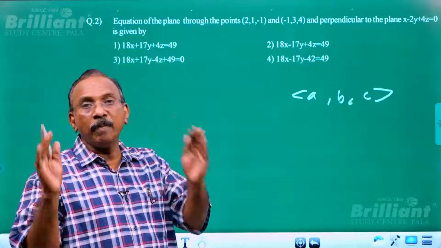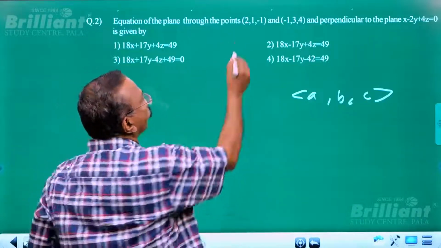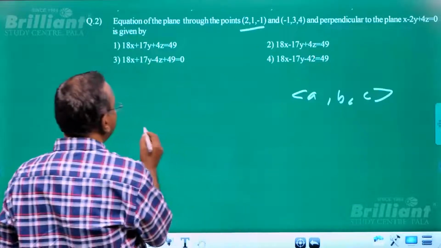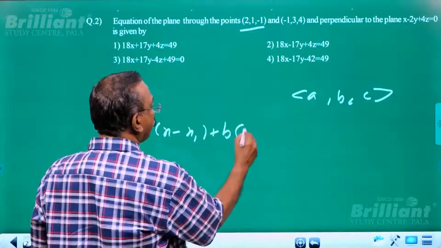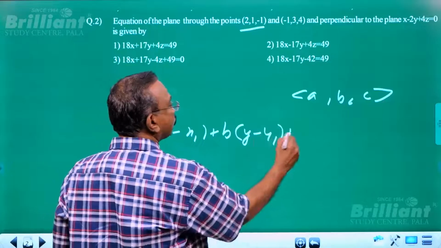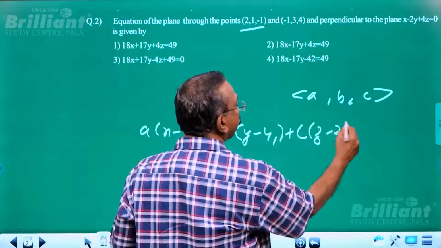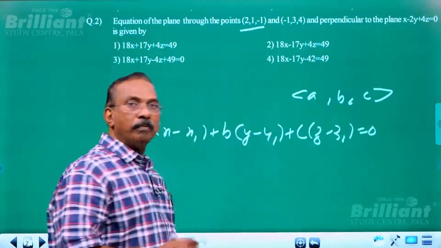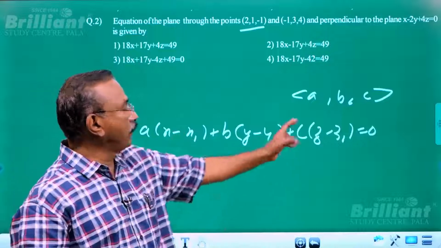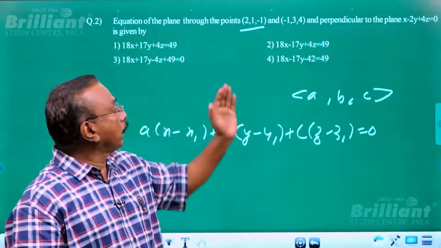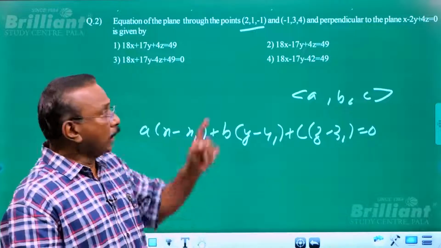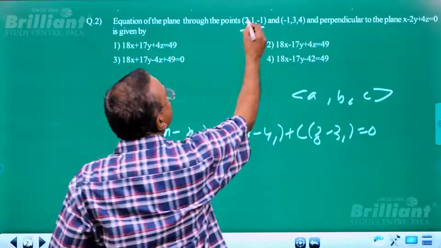Then the equation of any plane through a point, one of the points I selected here, is a into x minus x1 plus b into y minus y1 plus c into z minus z1 equal to 0. This is the equation of any plane through the point x1, y1, z1 whose direction ratios of normal are A, B, C. Here, you choose x1, y1, z1 as this point.